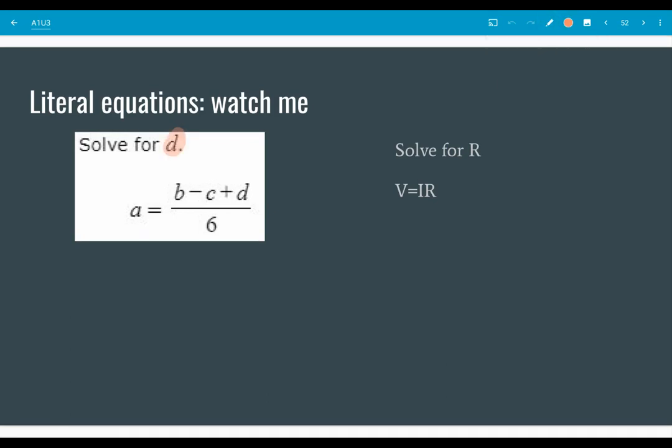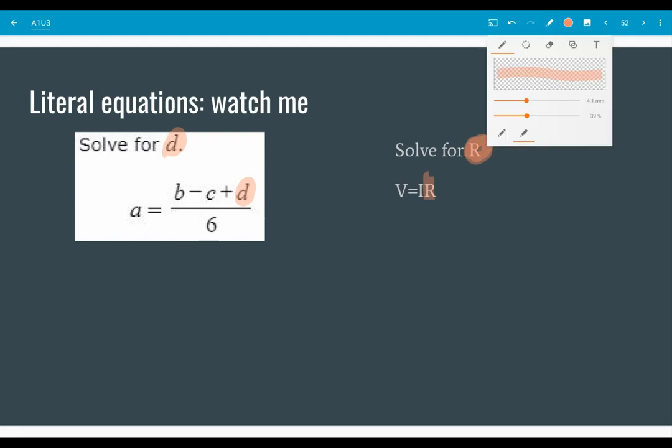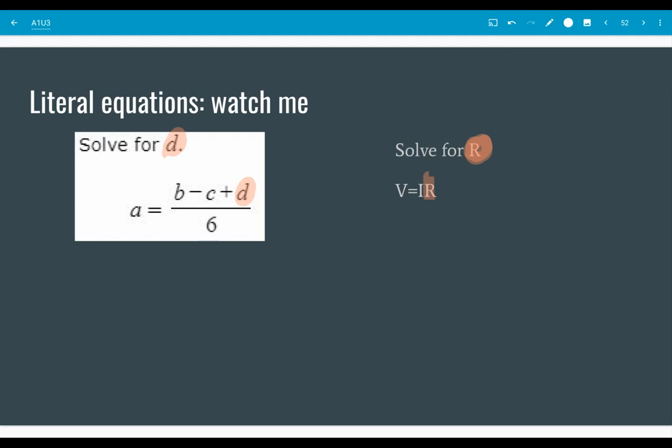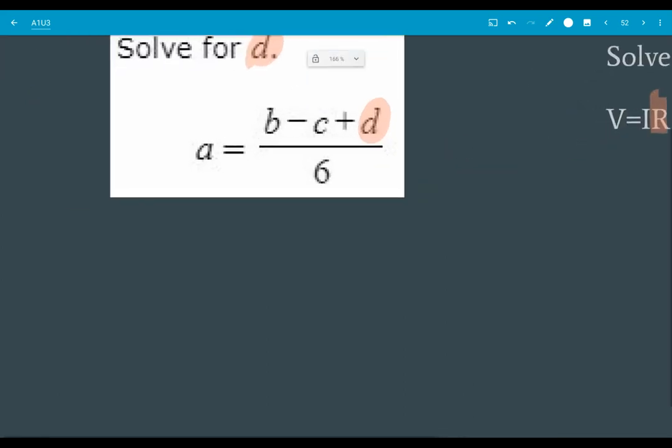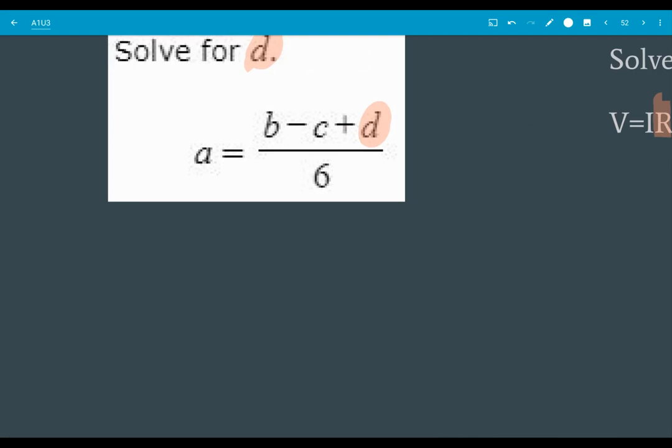So this one, we're going to be solving for d, and in this one, we're going to be solving for r. So in solving for d here on the left, multiply both sides by 6, the multiplication property of equality. So we end up with 6a equaling b minus c plus d.